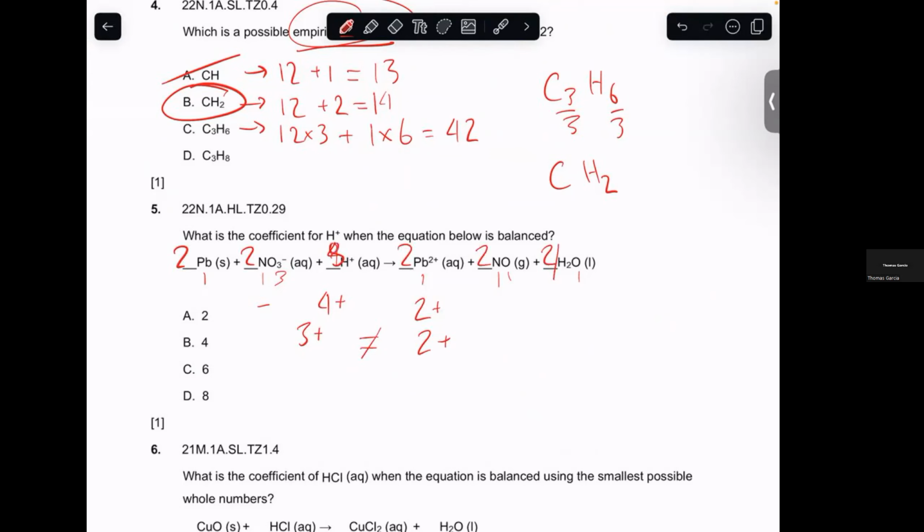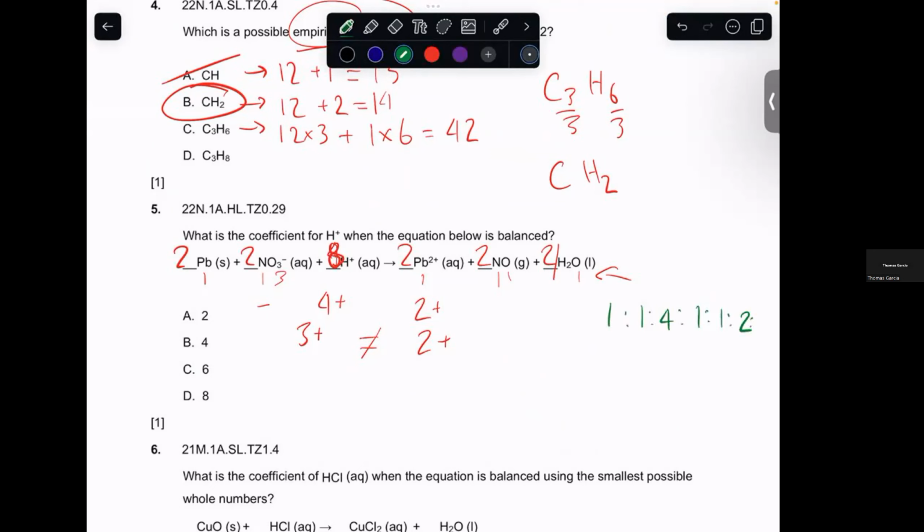Now, you might be saying, how do I know to just magically double all these coefficients? That's actually quite simple. Whatever we did had to be a multiple of the coefficients from before, because if it wasn't a multiple of our coefficients of that initial 1, 1, 4, 1, 1, 2, those were the ratios, then our actual atoms would be off.